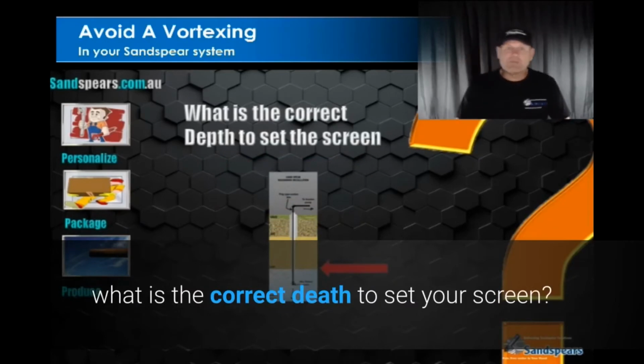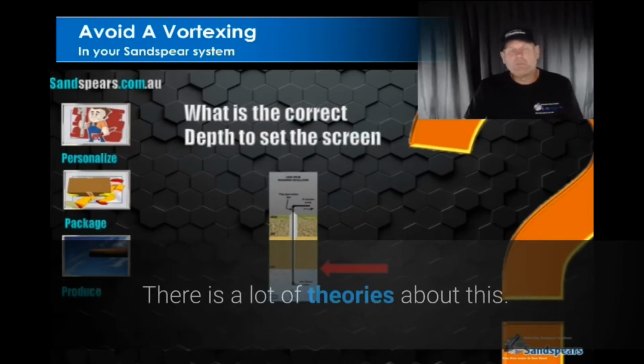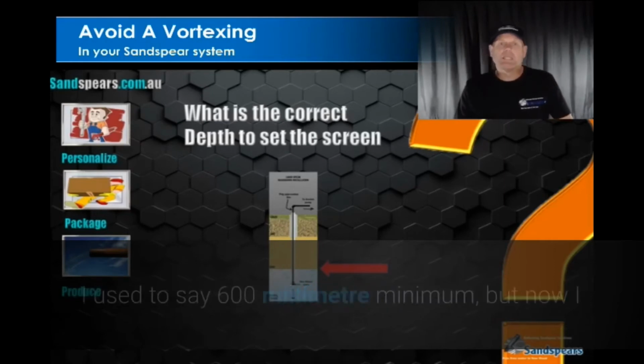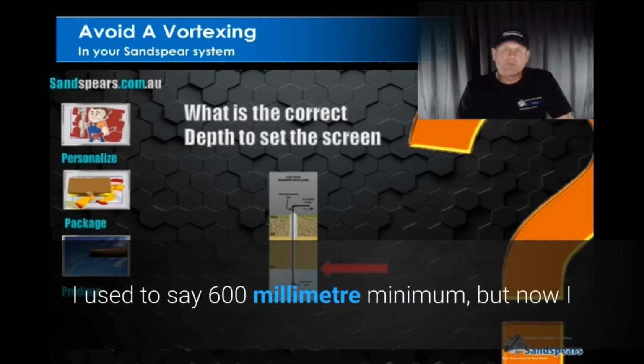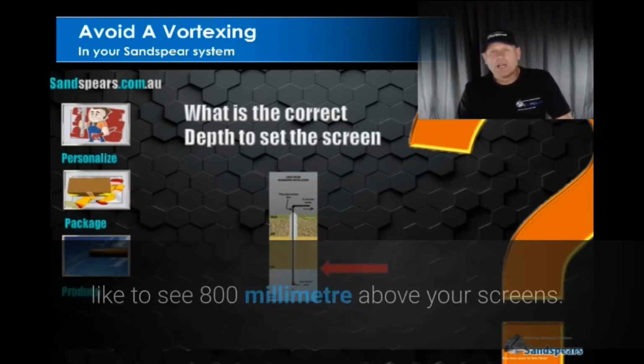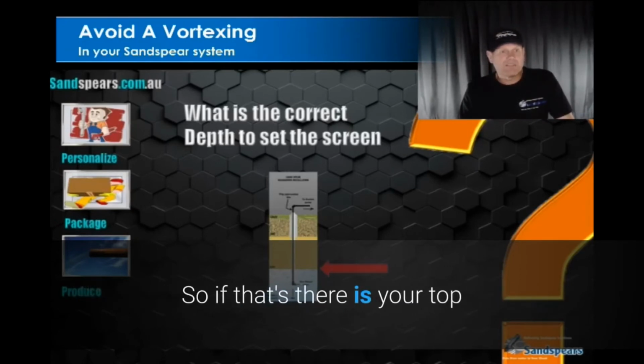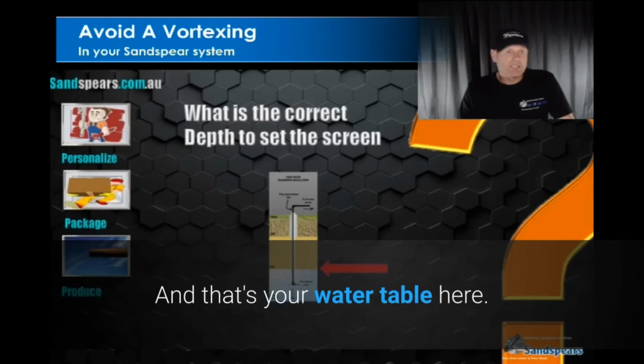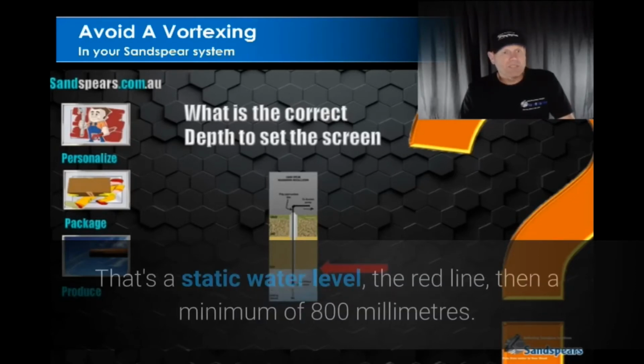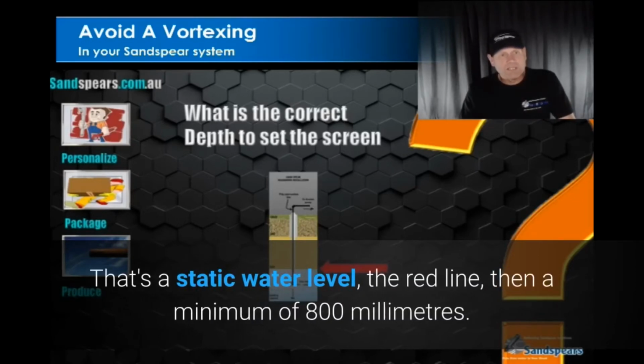What is the correct depth to set your screen? There are a lot of theories about this. I used to say 600 millimeters minimum, but now I like to see 800 millimeters above your screen. So if that's your top, and that's your water table here, that's your static water level, the red line, then a minimum of 800 millimeters.